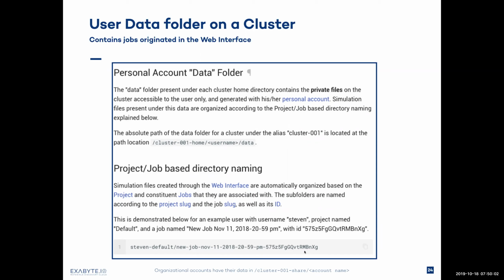And at the end, there is also going to be an ID in a database. So this is how the jobs will be named in case people need to find them. The ID of the job is usually shown in the web interface as the last parameter of the URL. The organizational accounts have a similar data folder, but it's located under a share folder, not inside the home folder of the user.